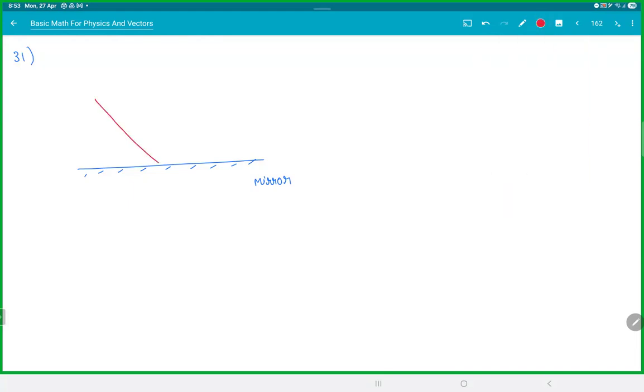So we got a mirror. So you send a light ray here, it hits the mirror and bounces off. So r cap is a unit vector along the reflected ray. I cap is a unit vector along incident ray.